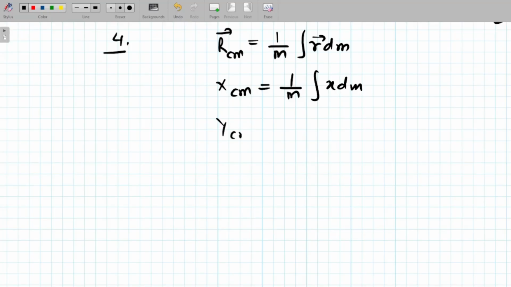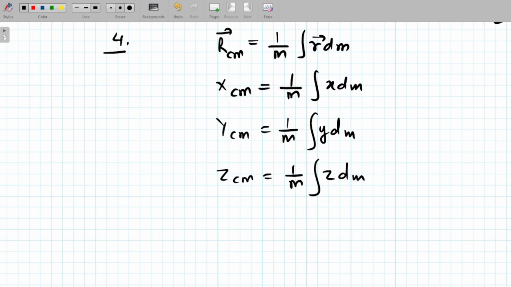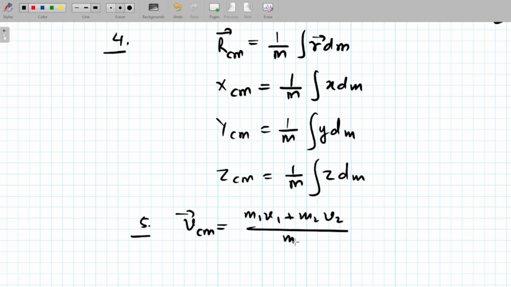YCM would be 1 upon capital M integral of Y dM, and then ZCM is 1 upon capital M integral of Z dM. And then we can also say VCM was M1 V1 plus M2 V2 upon M1 plus M2.